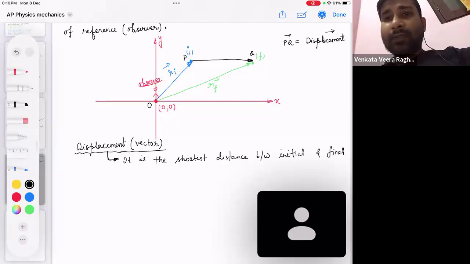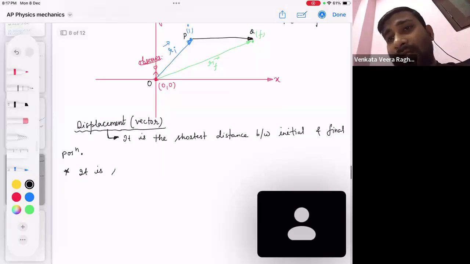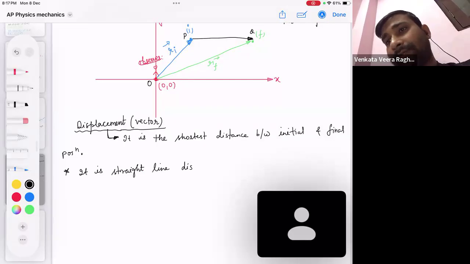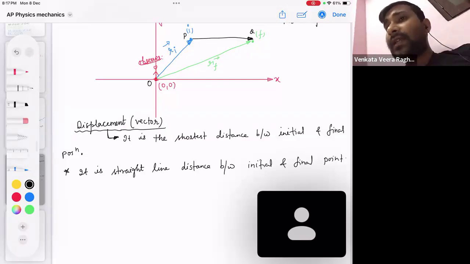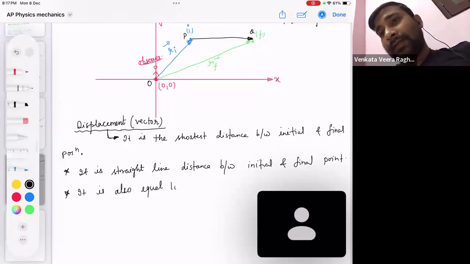These three lines are the same. It is also equal to the change in position vector.